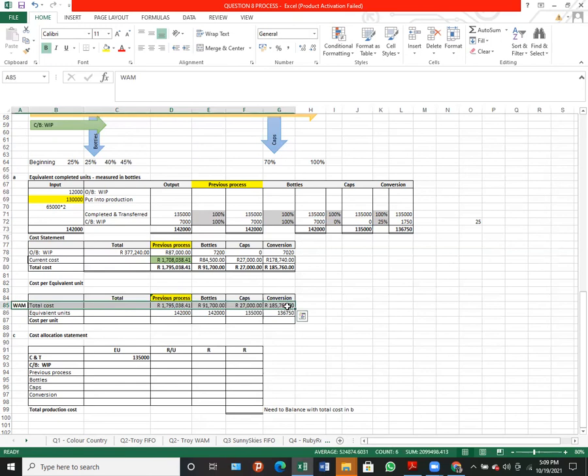Ne? If it's FIFO, use this. Weighted, use this. This divided by this. This divided by this.